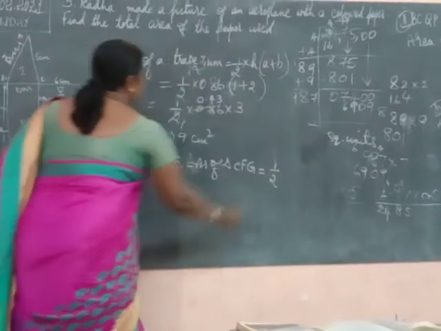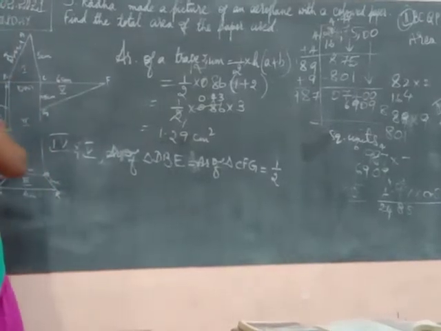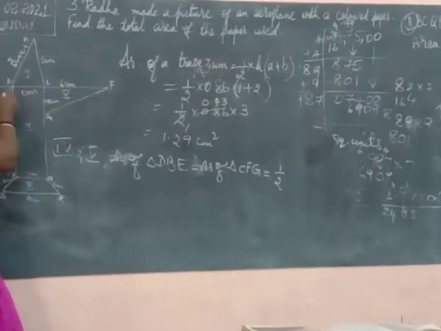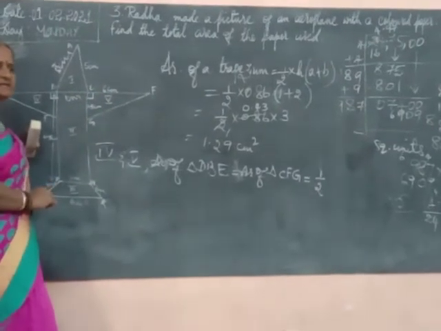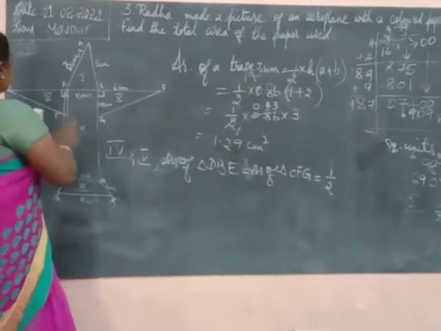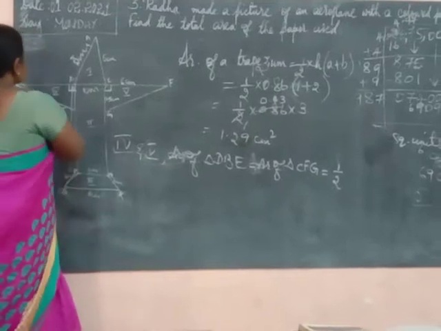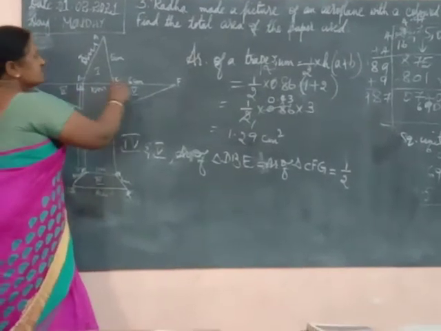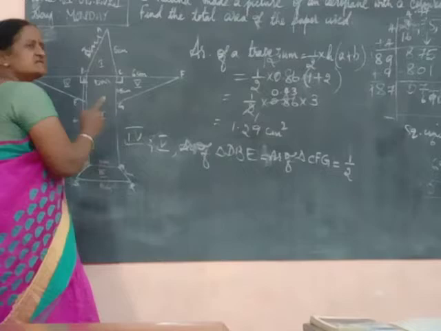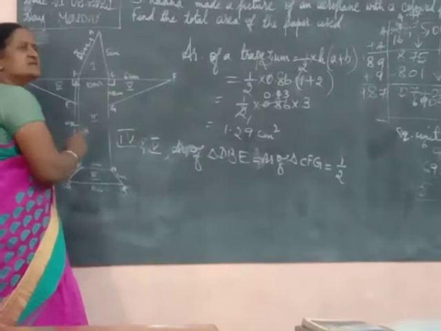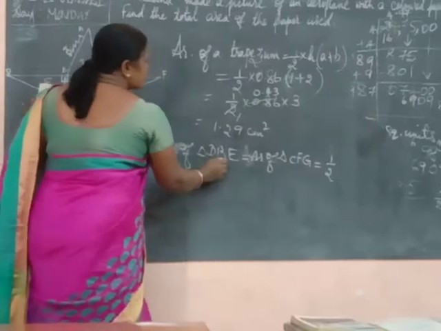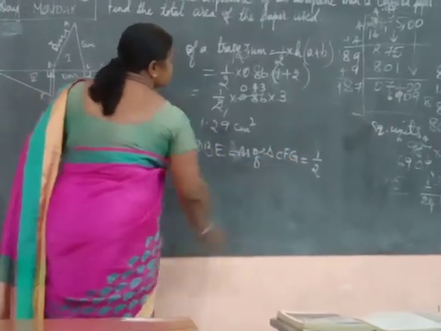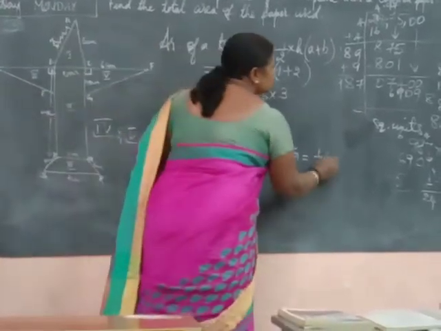You can observe here, listen all of you. What type of triangle is this? Right angle triangle. So here we have height. Why? Since DB is perpendicular, here CF is perpendicular, and a perpendicular is nothing but height.